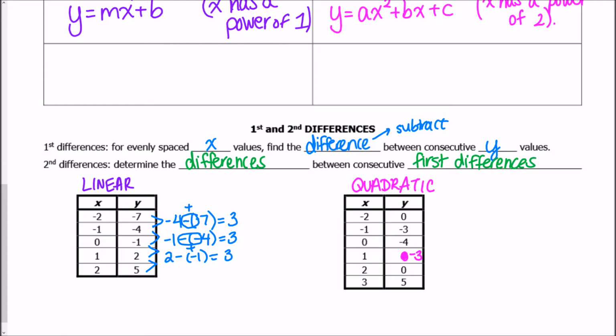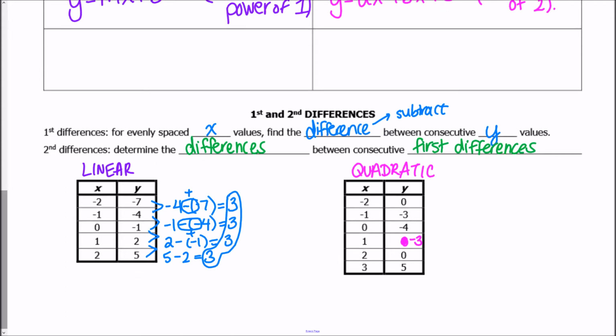And here, when we do this one right here, we do 5 minus 2, which is also 3 again. So if you notice, all of our first differences here end up being the exact same values. So right here, it's important that we notice that our first differences are the same. So the word we use for the same are constant.